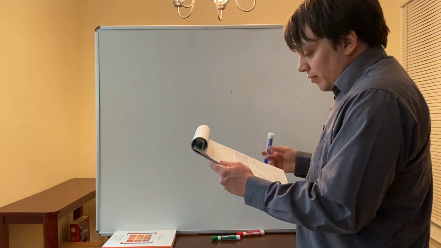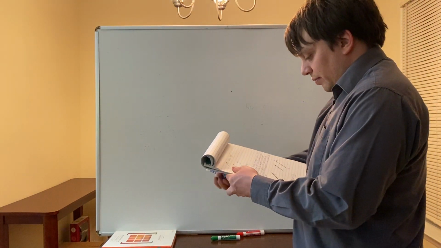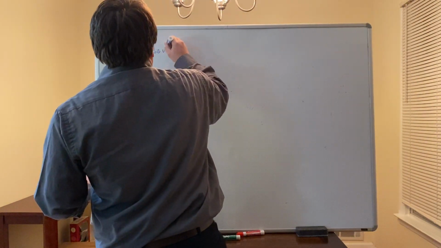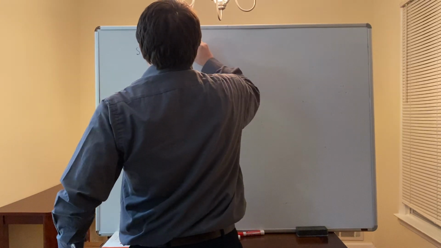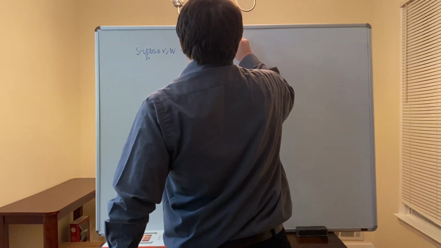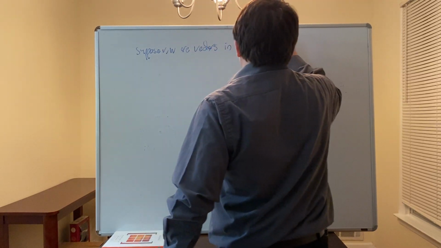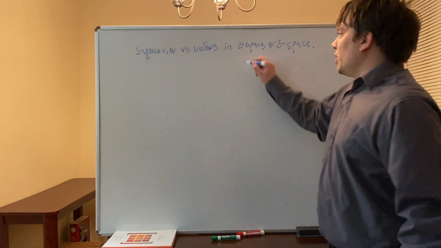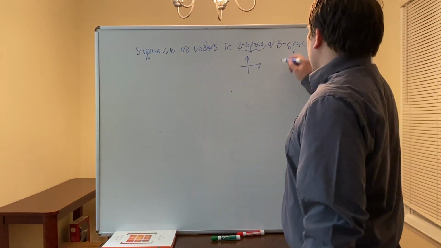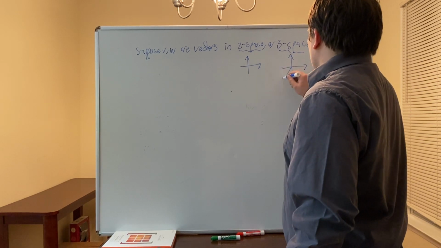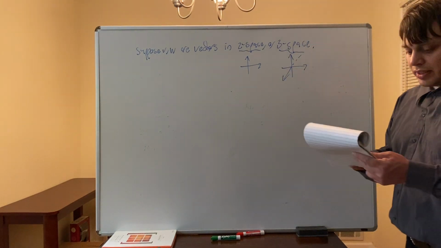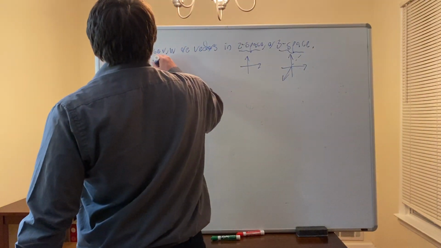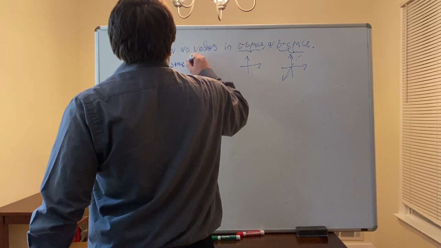Okay, so let's suppose V and W are vectors in 2 space or 3 space. So they're both in a Cartesian coordinate system that looks like that, or they're both in one that looks like that. And they have the same initial point.